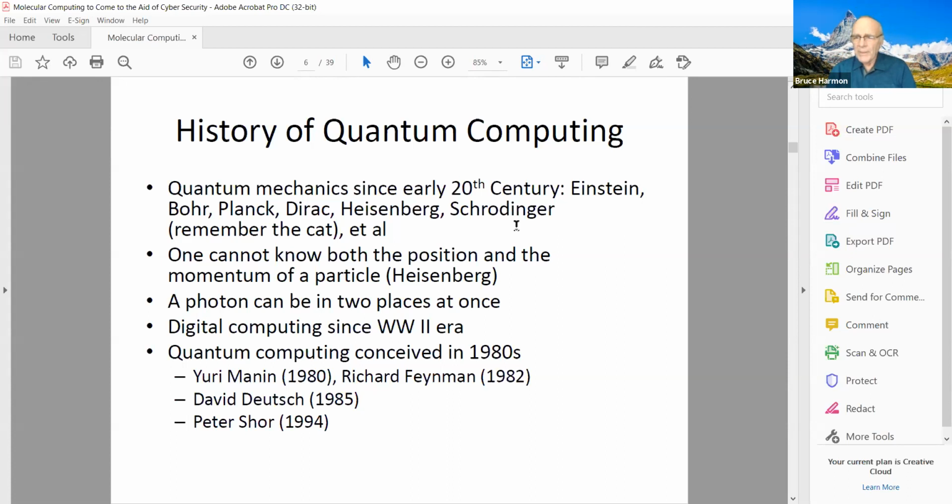So digital computing itself began around the World War II era, but the notion of a quantum computer and what it could do really came about in about the 1980s, wherein Manin and Feynman famously determined that if you were going to actually use a digital computer to simulate the quantum mechanical properties that we now believe to be true, you'd need a quantum computer in order to do it.